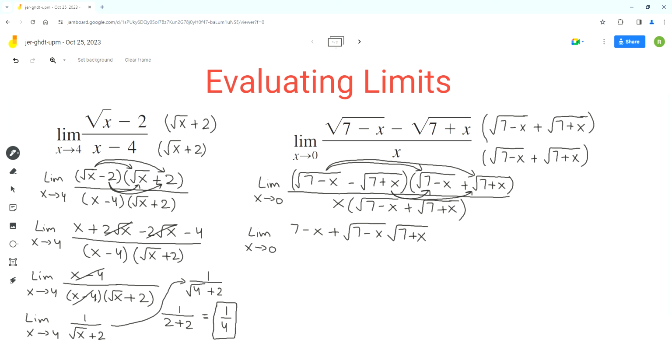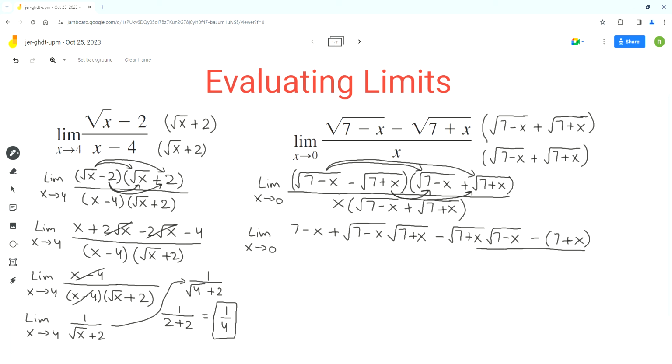Now we do minus square root of 7 plus x times square root of 7 minus x. And lastly, we do minus square root of 7 plus x times positive square root of 7 plus x. So we get minus 7 plus x. So they're the same terms, so the square roots cancel each other out. And we put them in parentheses because of this negative sign outside the parentheses.